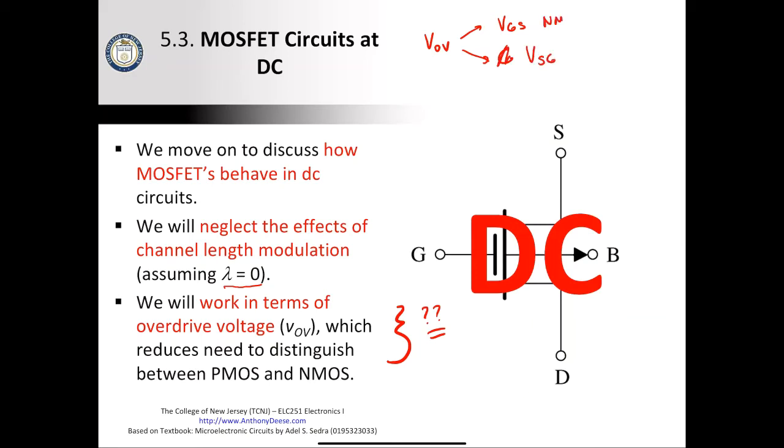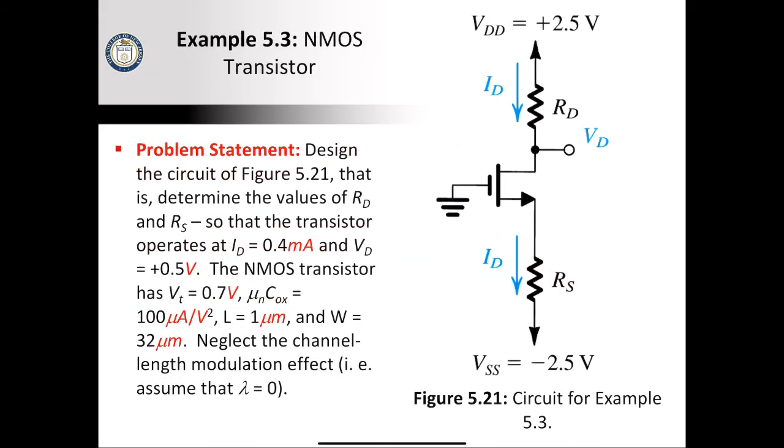That step will be required for the NMOS, and this one will be required for the PMOS. If you never take that extra step, it's irrelevant whether it's a PMOS or an NMOS when you solve. So that's what they're trying to say: for these problems, we can transcend this whole idea of worrying about whether it's a PMOS or an NMOS. Okay.